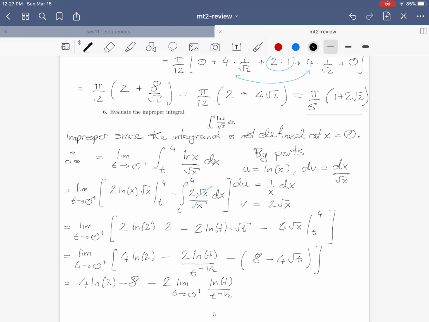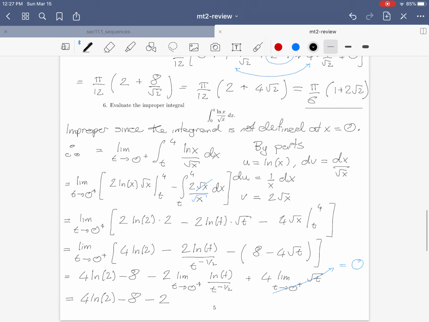And then finally we have plus 4 times the limit as t tends to 0 of square root t. This final term is equal to 0, since square root t tends to 0 as t tends to 0. So we have 4 ln 2 minus 8 minus 2.